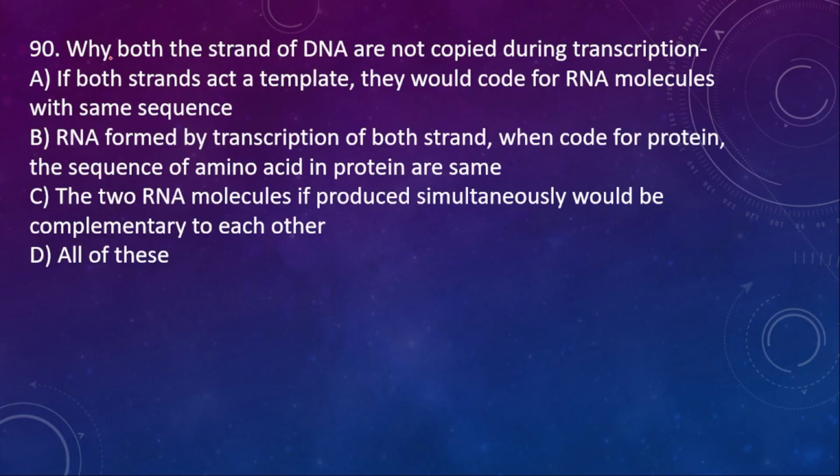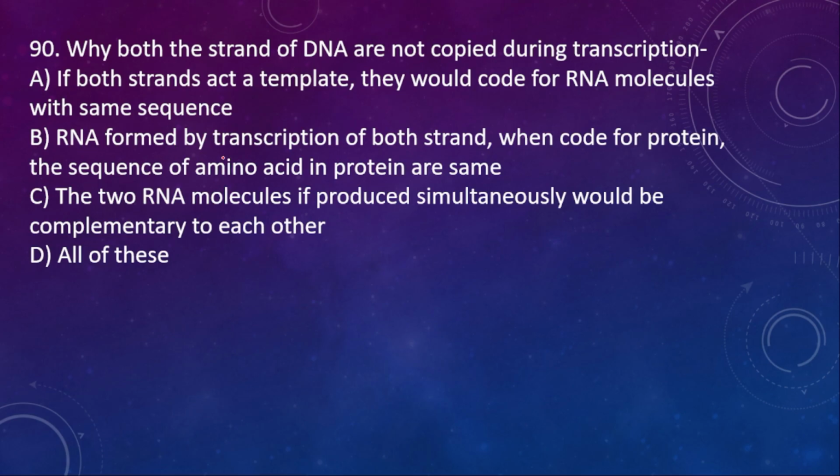Next, 90th one. Why both the strands of DNA are not copied during the transcription? A, if both the strands act as template, they would code for RNA molecule with same sequence.